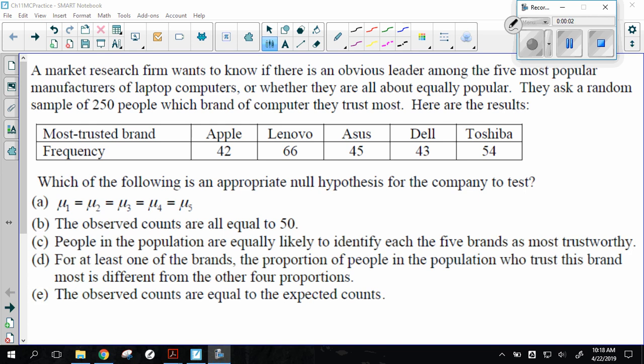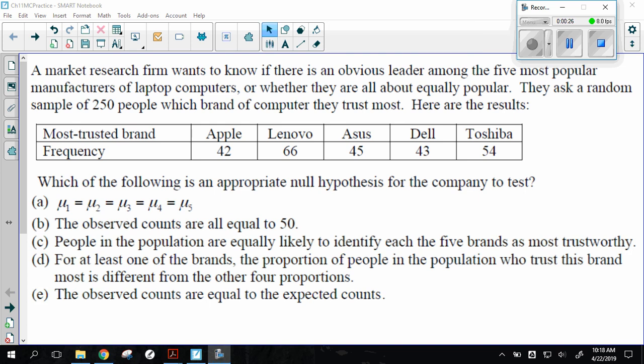Alright, AP Statistics, here is your Chapter 11 multiple choice review. So, we've got a research firm, and they want to know if there's an obvious leader among these 5 manufacturers of laptop computers. They think that they're about equally popular.